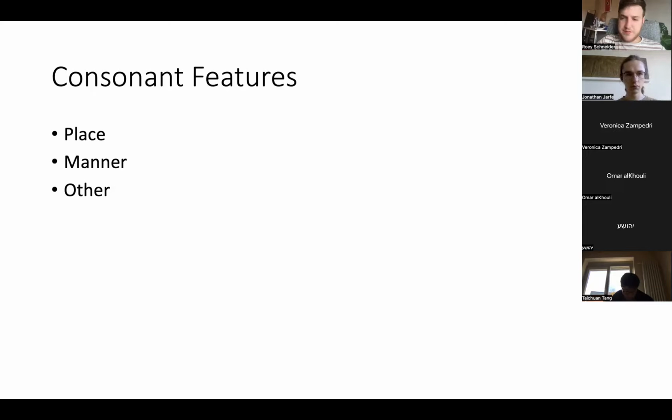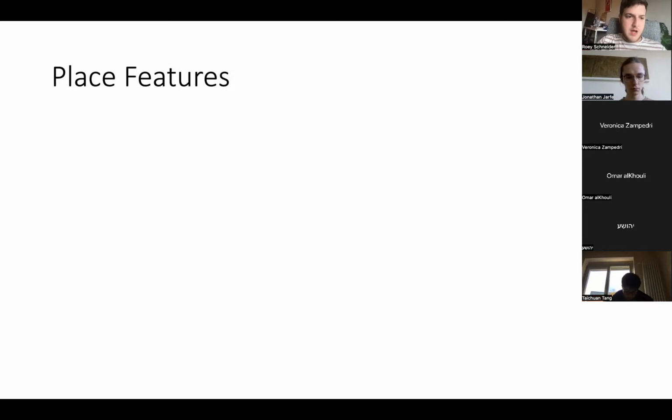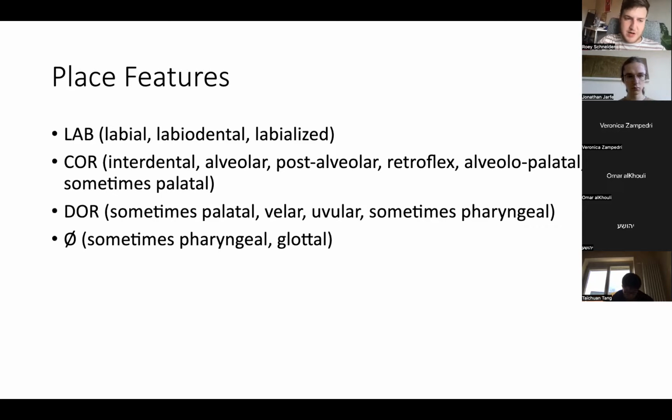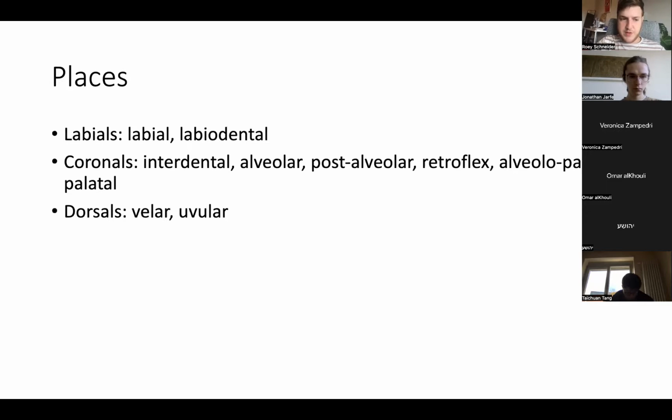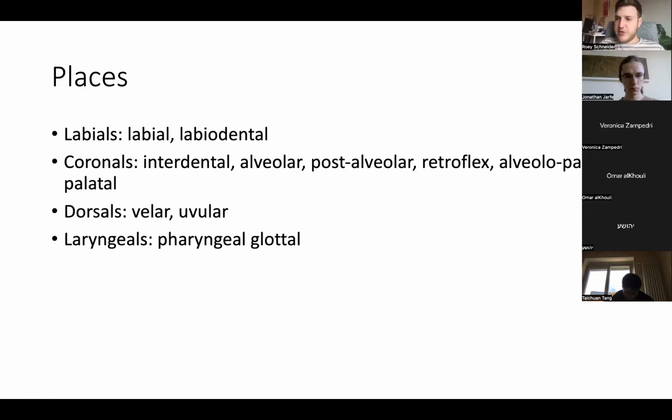And consonant features are usually place features, manner features, or other things. So the places are divided into labial, coronal, and dorsal. Just so like the features are labial, coronal, and dorsal, and the laryngeals are thought, or for some reason represented, to have no place.